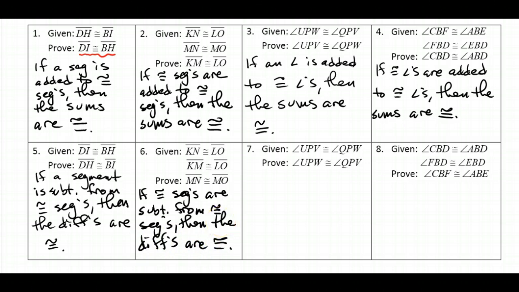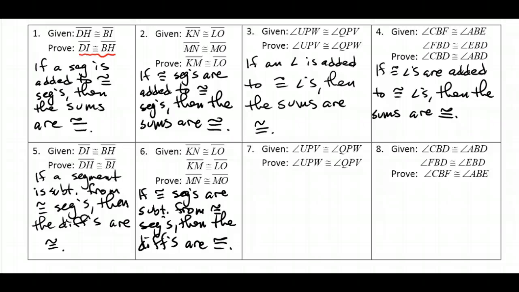Okay, so if you look at the difference in 1 and 5 and 2 and 6, in 1 and 5 we have really one pair of congruent angles that overlap. And in 2 and 6 we have two pair of congruent segments that we're either adding or subtracting. And it works the same way with angles.